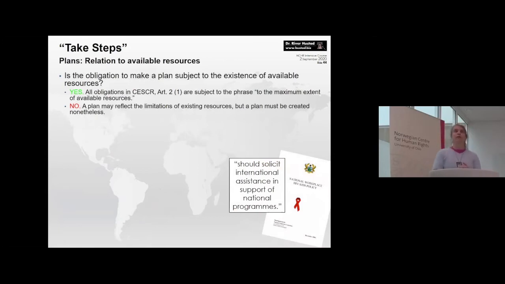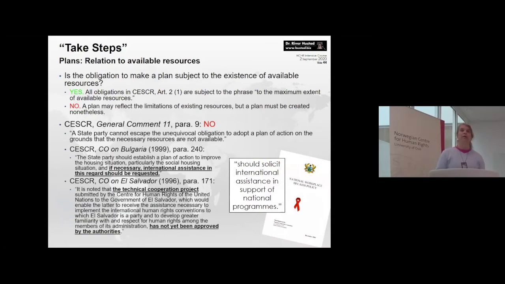So to take steps, what's the relationship to available resources? Is an obligation to make a plan subject to the existence of available resources? Now, the content of the plan may be subject to available resources, but the existence of a plan is not.